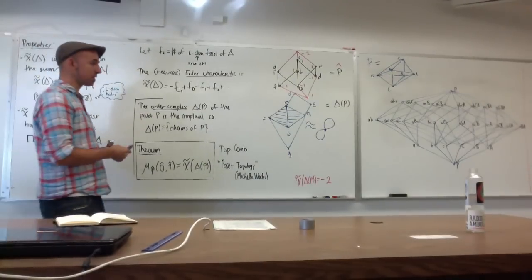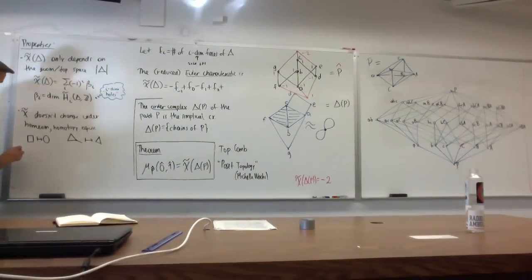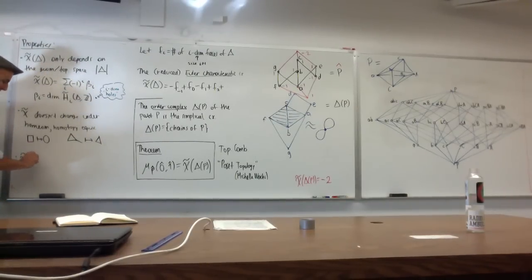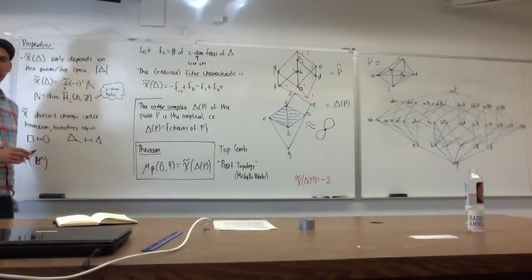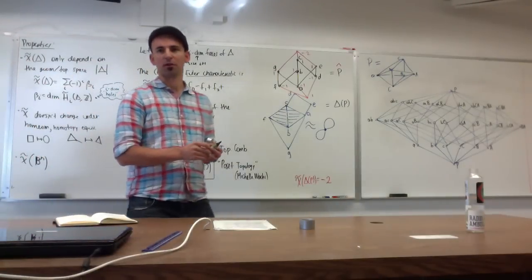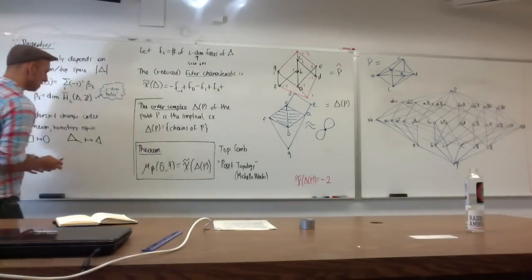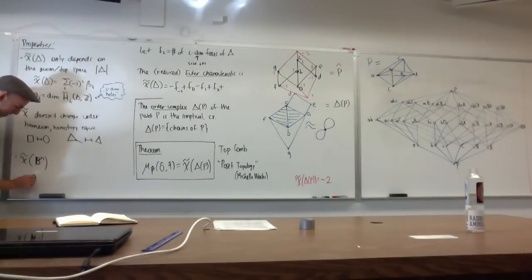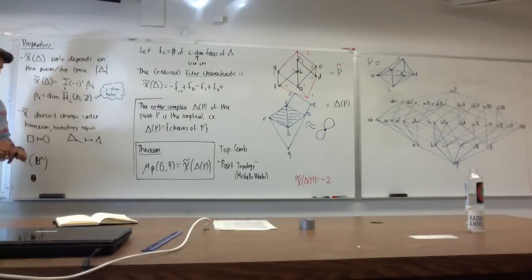Which, of course, brings us to figuring out what the Euler characteristic of basic things are. Okay. And so, for example, what's the Euler characteristic of a ball? That's a very fundamental topological object. The n-dimensional ball. What is this? It's the full ball, right?